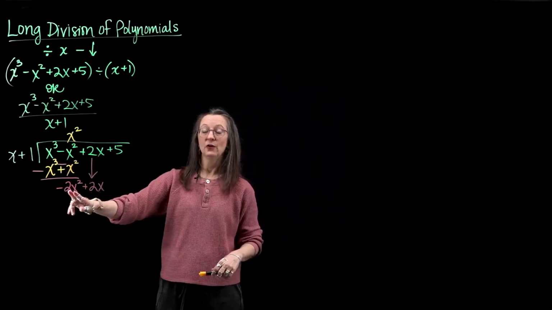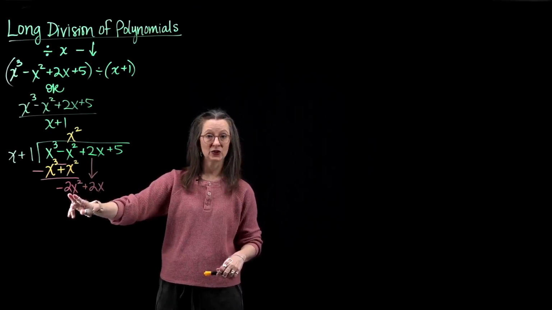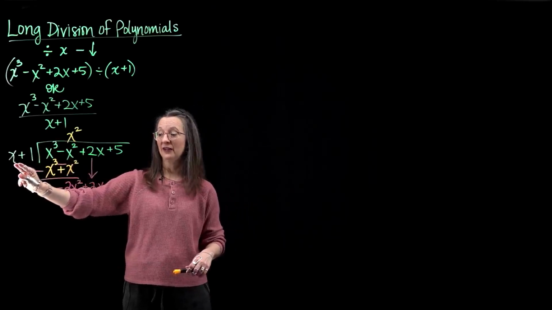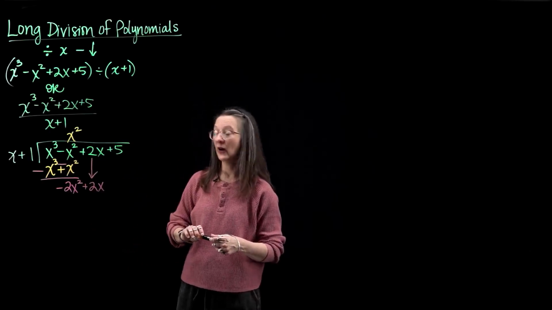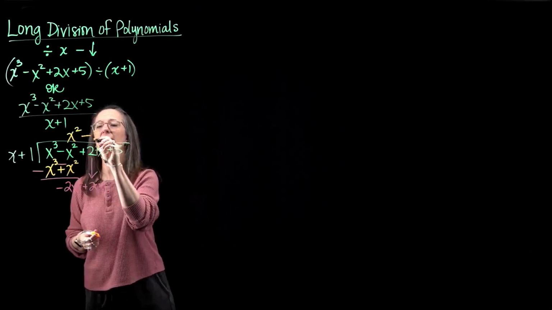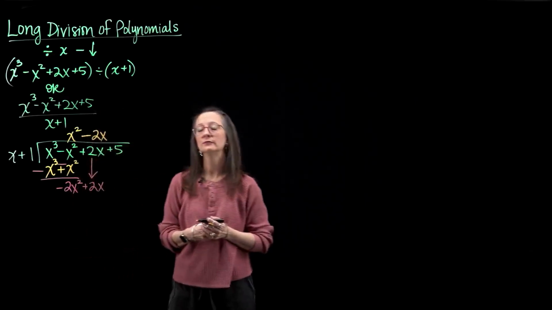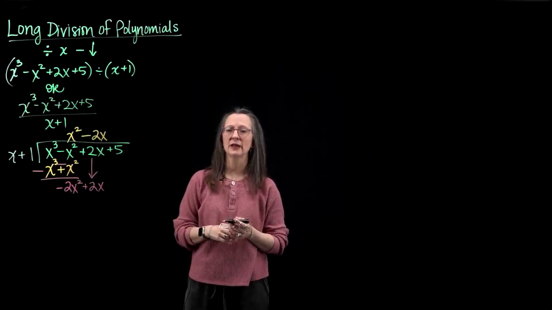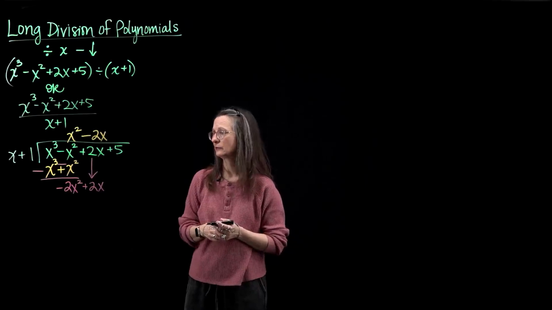So looking at the first term of minus 2x squared divided by that first term of x, well, minus 2x squared divided by x gives me minus 2x. And if you need to do that little division off to the side, that's great, no problem.